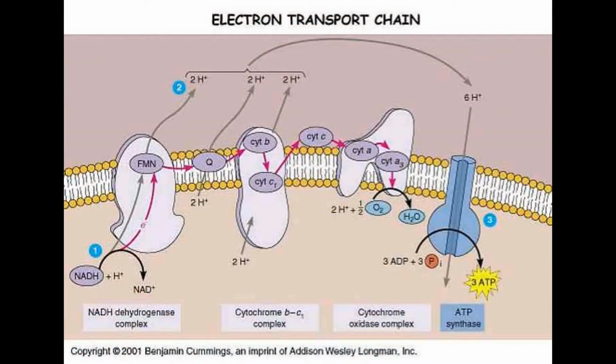It's found on the inner mitochondrial membrane. And what it is, it's a series of electron transport complexes that basically perform the task of changing the chemical energy of NADH into ATP, and I'll show you how that happens here. First we'll look at the electrons.